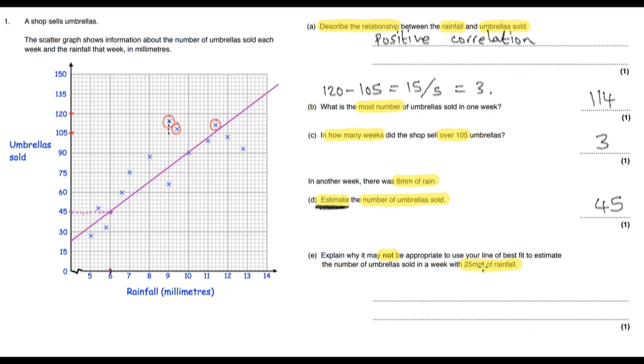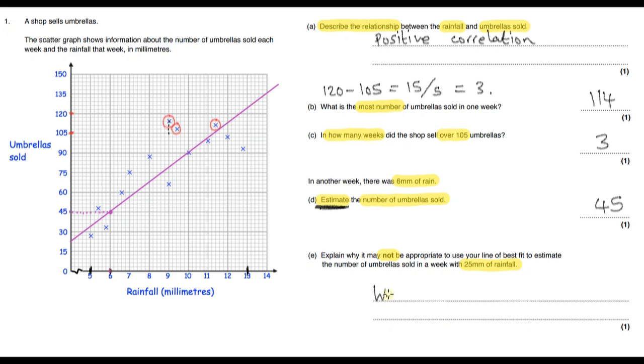Now the key thing here is to do with our data range. Notice the data goes from 5 millimeters up to approximately 13 millimeters. So if we've been given rainfall between these two values, we can use our line of best fit. But if the data is outside our data range, we can't, and that's called extrapolation.